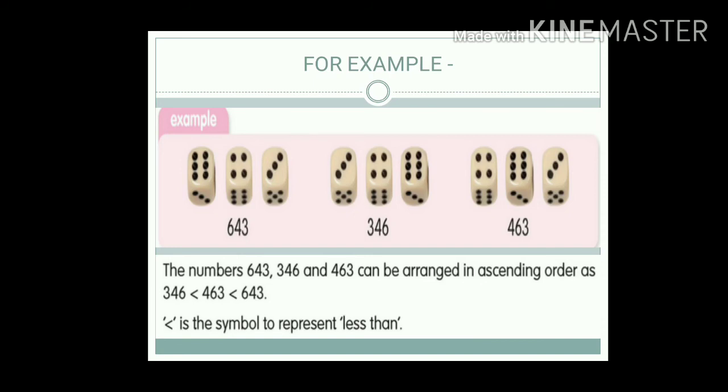So 346 will be lesser than... can you see the sign in between, children? That is the symbol to represent less than. So we will say that 346 is less than 463, because 463 has 4 hundreds. Then 463 is less than 643, because 643 has 6 hundreds. That is very big, bigger than all.